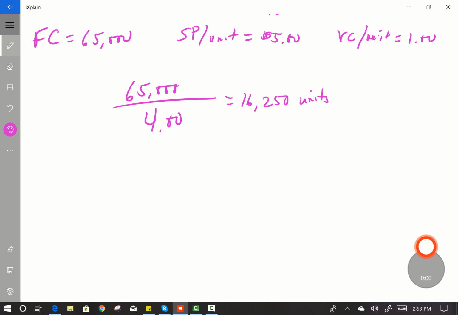It makes sense to cover the fixed costs first because the nature of the fixed cost is that it does not change with increases or decreases in sales. Then we take the final cost of $65,000 and divide that by 4 to give us the break-even point of 16,250 units, and that's just covering the cost. So each unit after 16,250 units starts to bring in a profit of the contribution factor of $4.